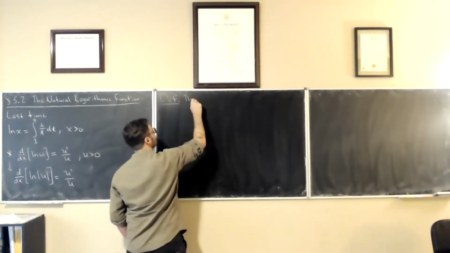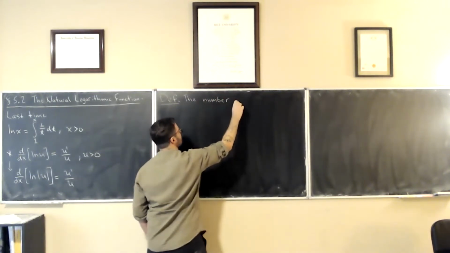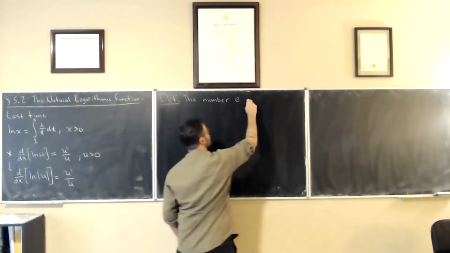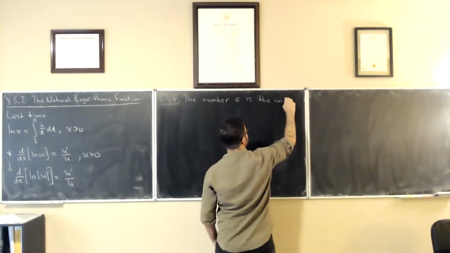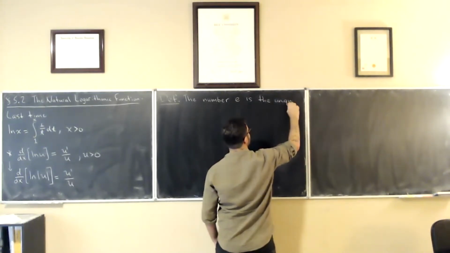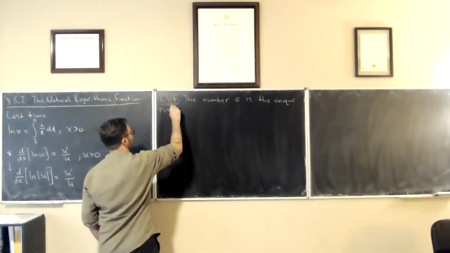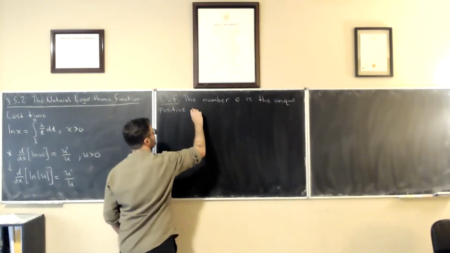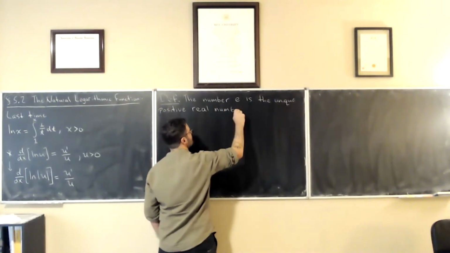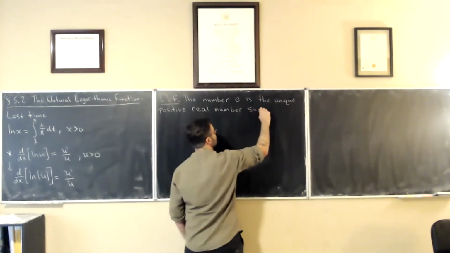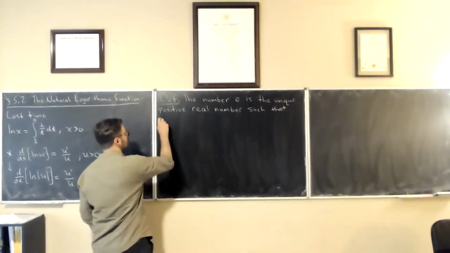The number e is the unique positive real number such that the natural log of e is equal to 1.